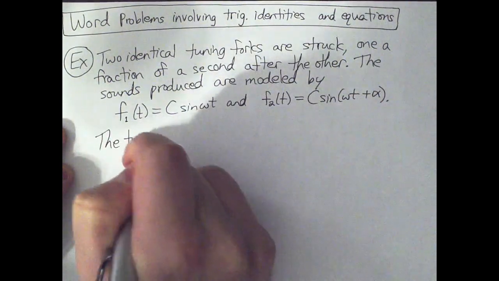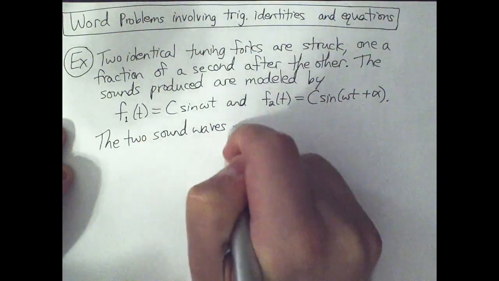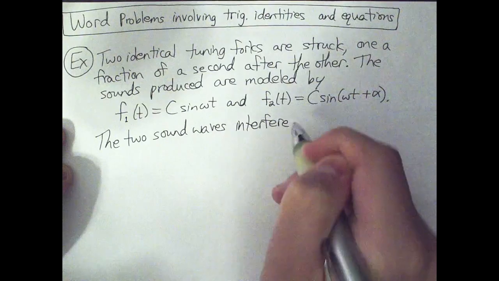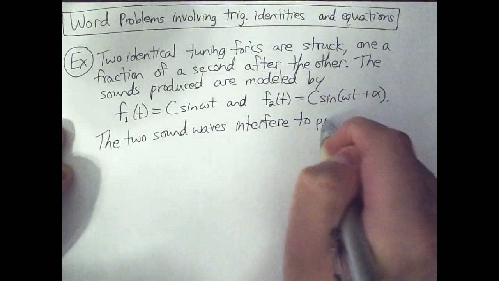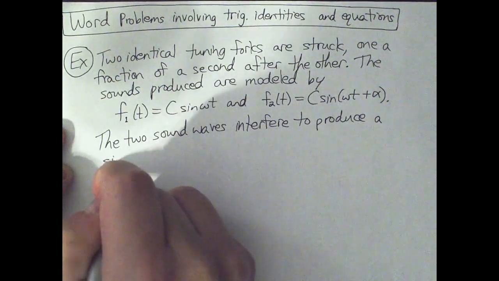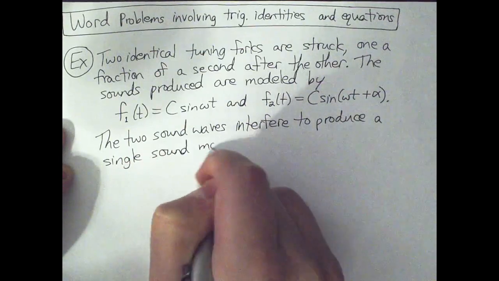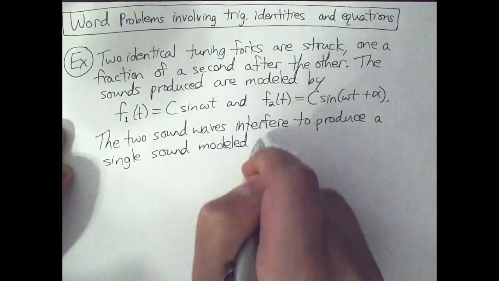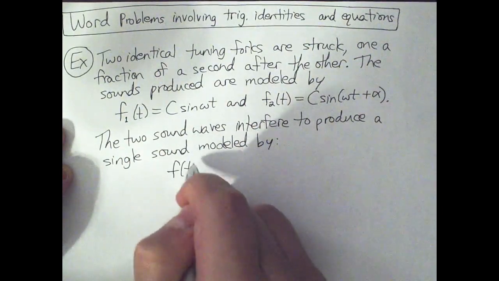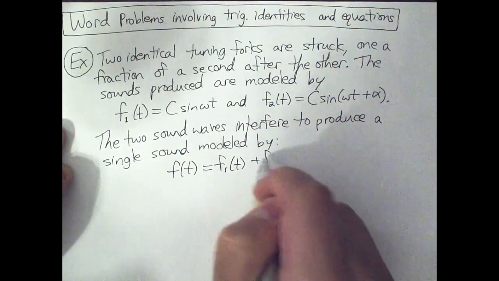The two sound waves interfere to produce a single sound modeled by f of t equals f1 of t plus f2 of t.